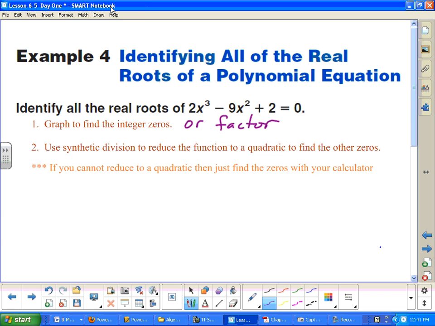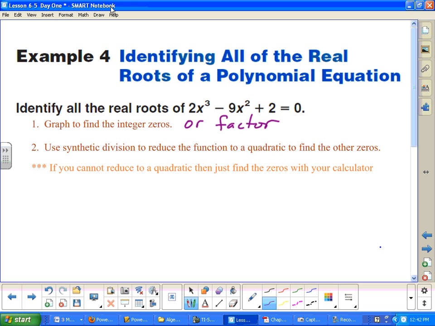Now, once we've found our integer zeros, then we're going to use synthetic division to reduce the function to a quadratic, so that then I can use the quadratic formula or factoring or completing the square, any of those, to find the answer.